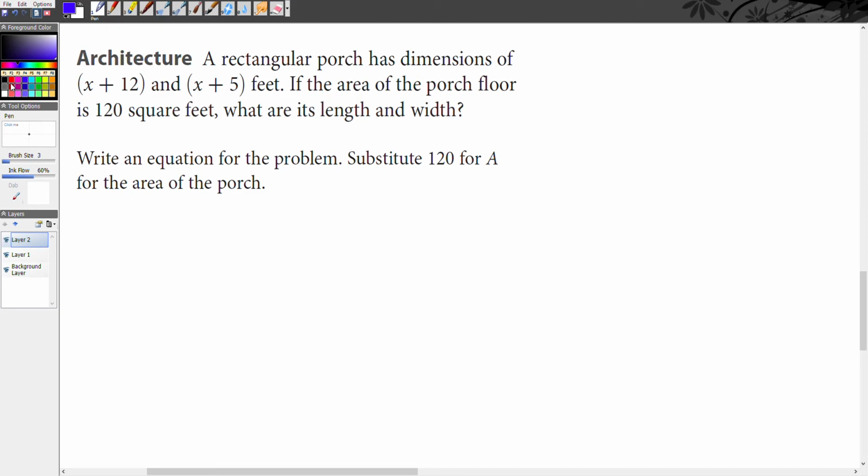Okay? And so first, whenever you're doing a problem like this, it's always a good idea to just draw a diagram of it. So here is my rectangular porch, and the length is x plus 12 feet, and the width is x plus 5 feet.